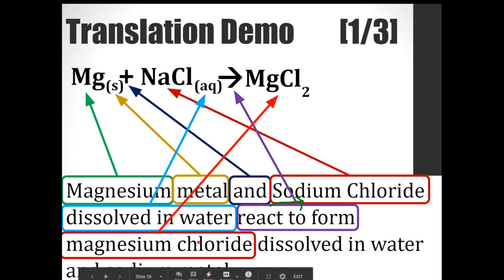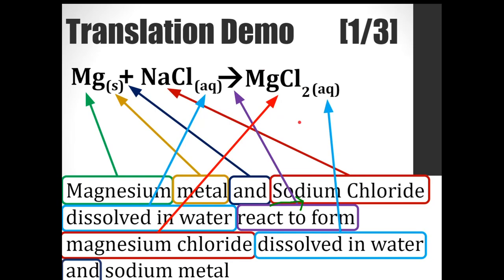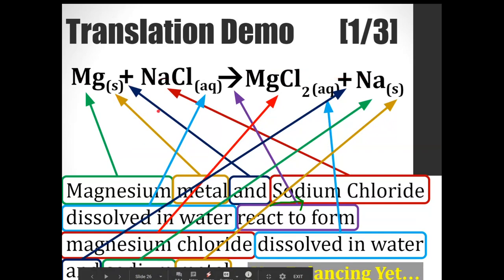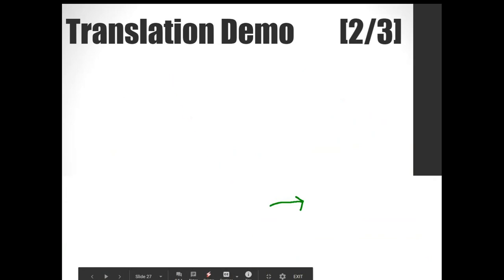Magnesium is a 2+ charge, chlorine is a 1- charge, so MgCl2. Dissolved in water still means that it is aqueous, and then we have sodium metal, which just means solid. So look at this. This breaks the whole thing down and turns it into chemistry. Now, we're not worrying about balancing yet because it's not balanced.